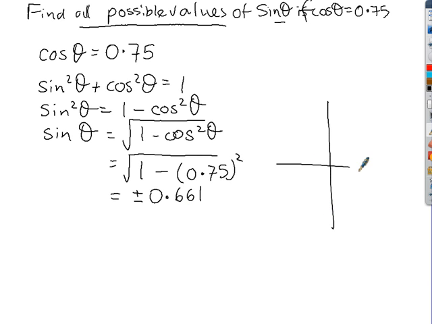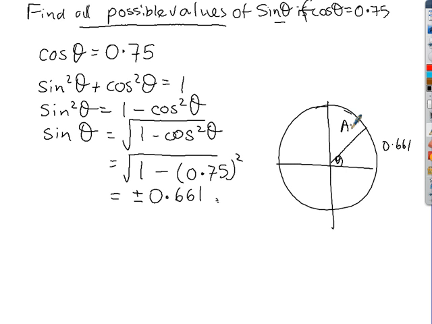So looking at my unit circle, you don't have to do this to answer the question. That is the answer to the question, but I'm just going to show you what it means. So if it's in that quadrant, let's call that theta, then sine theta would be 0.661 because all of the trig functions are positive in that quadrant.